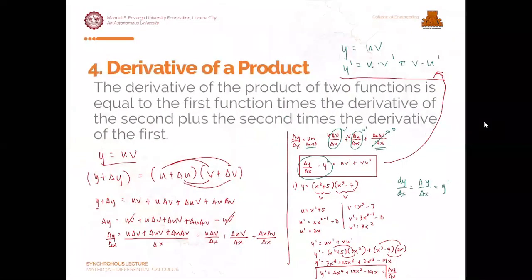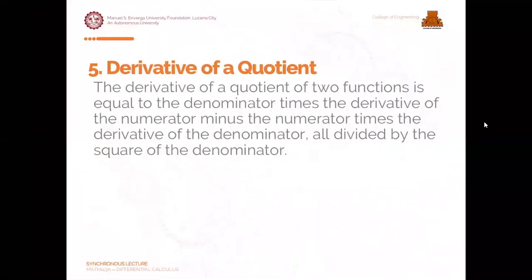Next, our last sa basic formula natin is yung tatawag natin derivative of quotient. Okay? So sabi dito, the derivative of a quotient of two function is equals to denominator times the derivative. So halimbawa meron tayong y is equals to u over v.